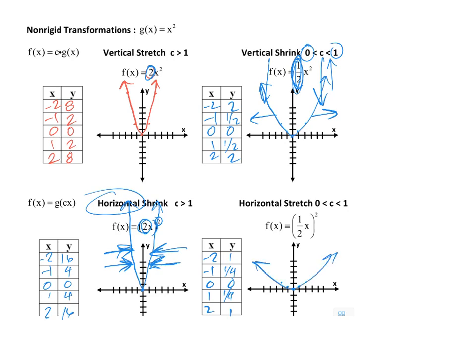What happens if the number that you throw in front, inside of the square, is between 0 and 1? That has a horizontal stretching effect. Looking at it from a horizontal perspective, it's as if you're pulling the graph apart left and right, and it's having a widening effect on the graph. You're stretching it horizontally.